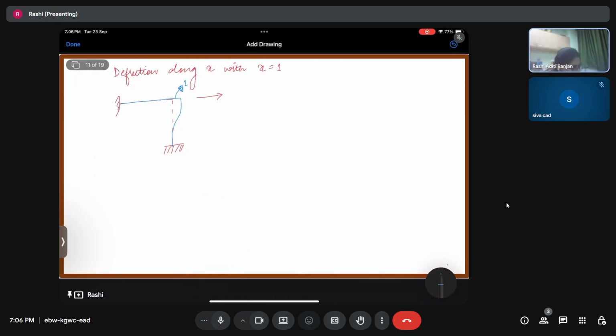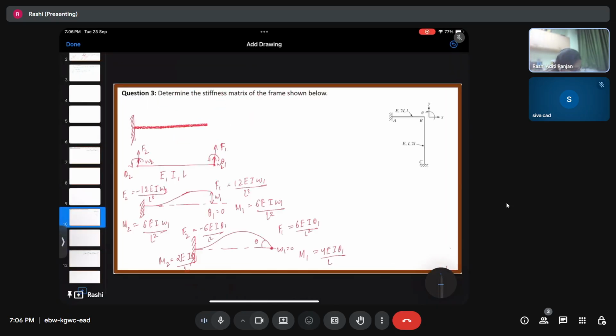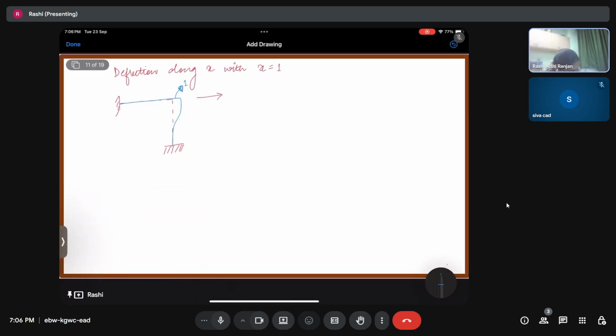And we have A, B, C. This is the point B. If you look closely, for point A we do not have any deflection nor any change of theta. It is happening only for the part BC.